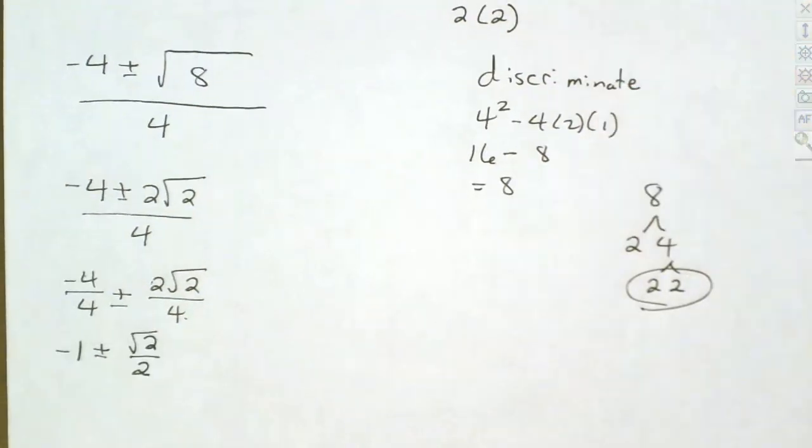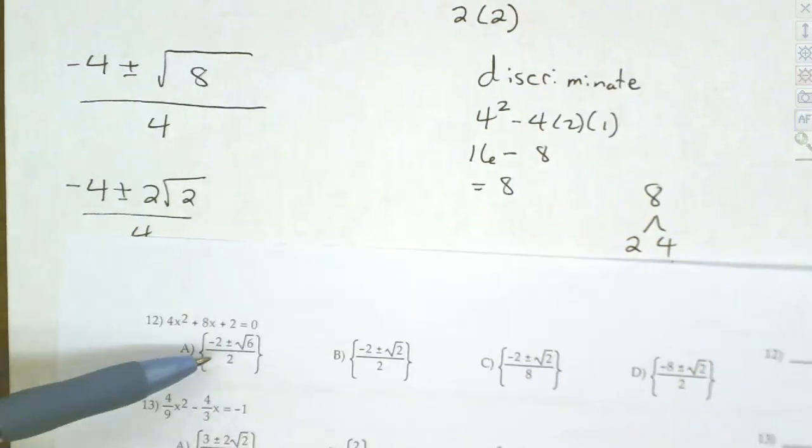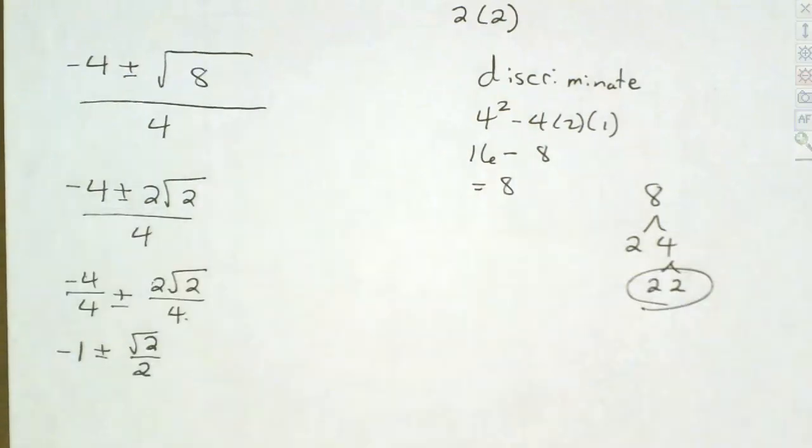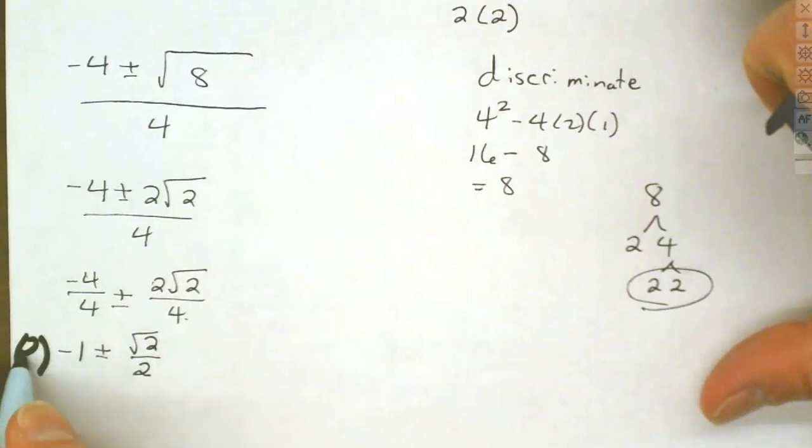That's still not one of the answer choices. All of our answer choices, though, when we look here, are over 1 fraction bar. So let's put it back into 1 fraction bar. We can do that by multiplying this by a 2 over 2.